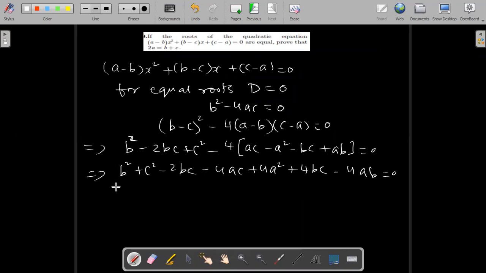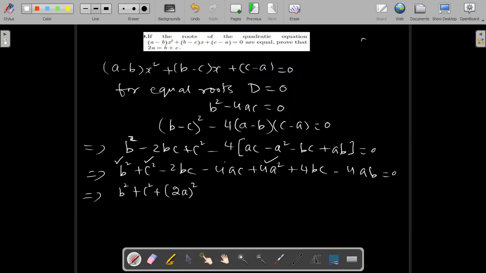Now we have to check which numbers are whole square. This one and this one are whole squares. So we will write together b square plus c square plus 4a square.